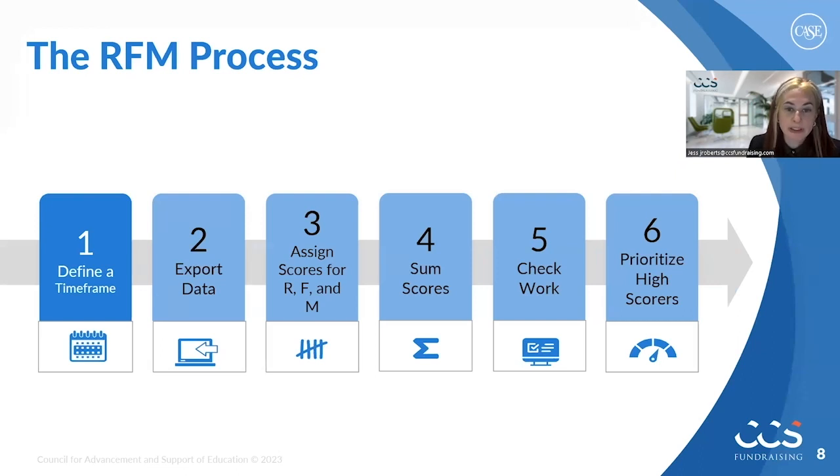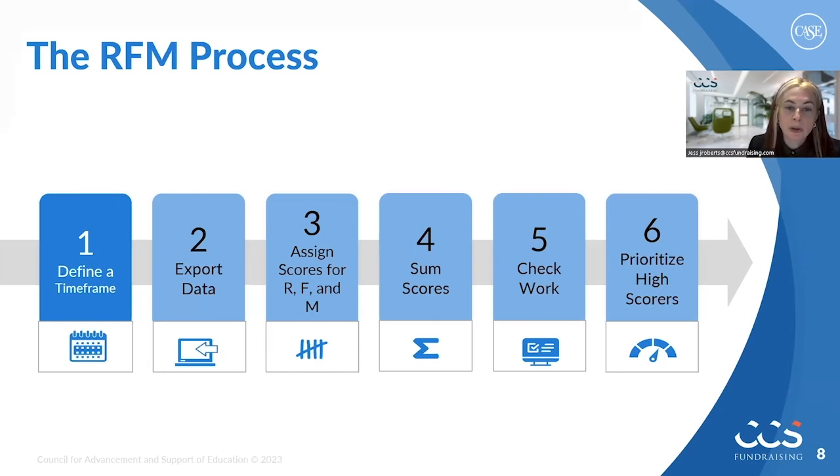Prior to building your RFM score, we suggest defining a time frame. For example, would you like to look at the last 10 years or your lifetime giving to your institution? Once you've defined your time frame, you'll want to export data from your CRM into Excel. We recommend at a minimum that you have the following columns: ID, first name, last name, gift date, total number of gifts, and total giving. When you export the data, remember to remove those that are deceased and non-donors, since we're only giving RFM scores to living donors.